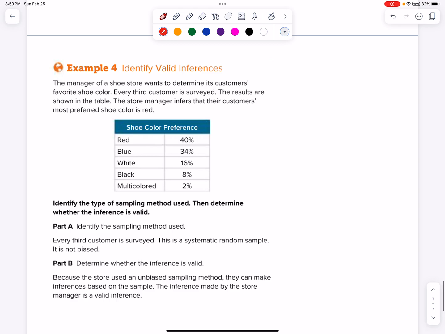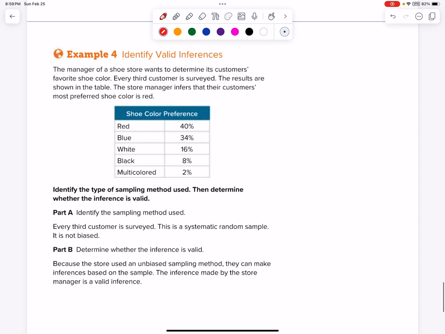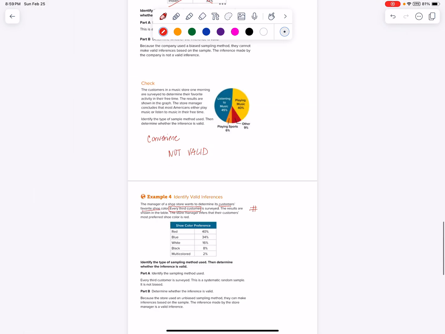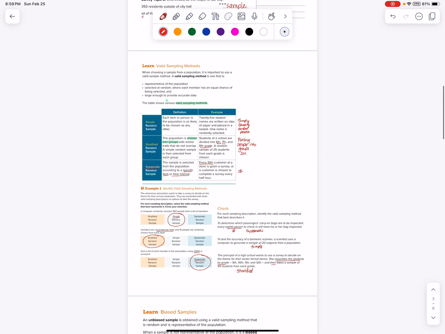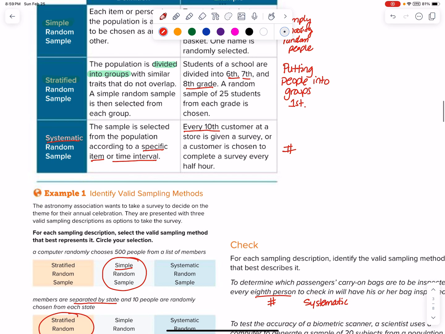Number 4 says identify valid inferences. Okay, so again, we're taking a look at the sampling method and seeing if we can use it to actually analyze the data. So example 4 says, all right, a shoe store wants to determine its customers' favorite shoe color. Every third customer. Okay, remember that's our number 1. Okay, and again, you don't have to remember what it's called. Okay, let's go back and look at our sampling types. Okay, there's the number 1, and it's called systematic.